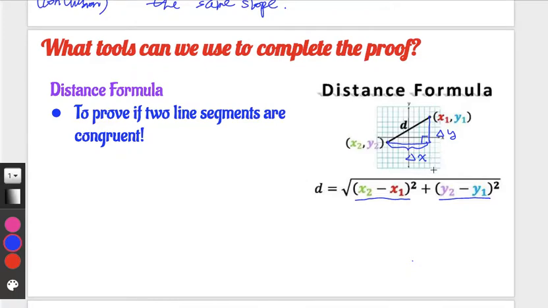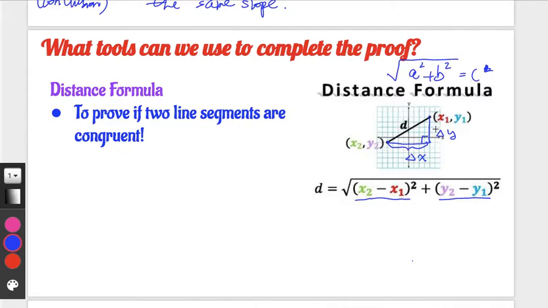So now you probably know this is coming from the Pythagorean theorem. We originally use the Pythagorean theorem to find the lengths of the two sides and then square both of them. Finally, we need to take the square root because originally it's a squared plus b squared equals c squared. So basically, to find c, we just need the square root of the sum of these two parts. So that's how the distance formula comes about. It's nothing new because we all know the Pythagorean theorem.